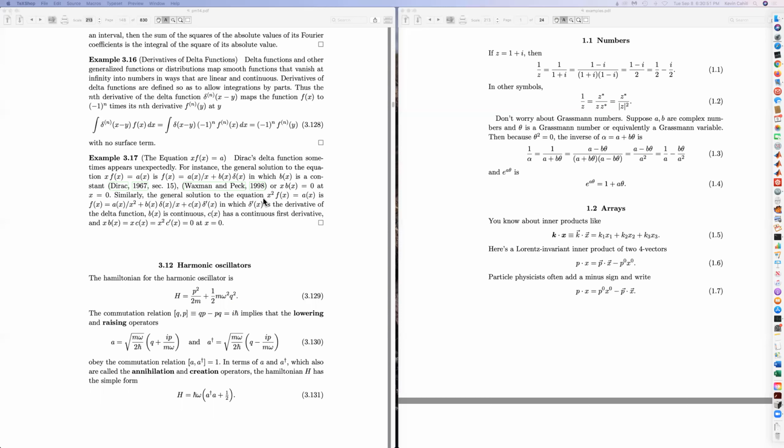And similarly, the general solution of x squared f of x equals a of x is a of x over x squared plus b of x over x delta of x plus c of x delta prime of x, in which delta prime is the derivative of the delta function, b of x is continuous, c of x has a continuous first derivative, and x b of x, x c of x, and x squared c prime of x all vanish at x equals 0. Well, that's a big mouthful.